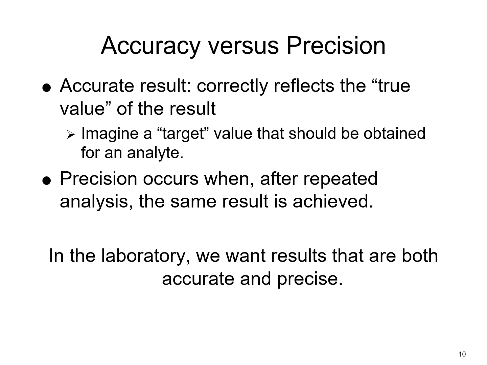So two terms that we use to describe quality results within the laboratory are accuracy and precision. For a result to be accurate, it's got to correctly reflect the true value. In other words, if you have a target value, then you want that target value to be reached for that analyte whenever you test it.